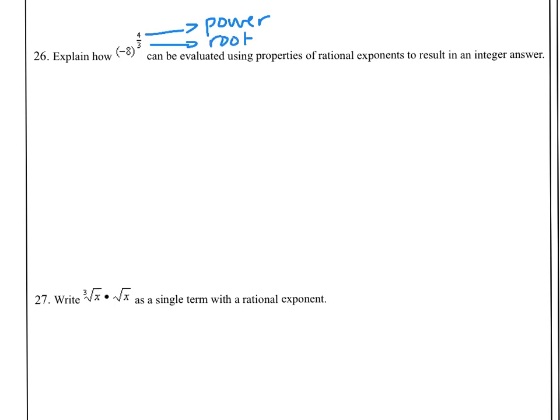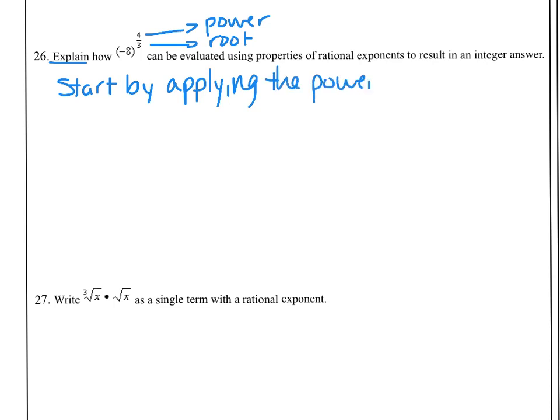Now be careful, because it does say to explain, and explain means in words. So you can do this several ways, but what I would probably suggest is you could say something like: start by applying the power over root rule and get, and here we go, that's an "and" by the way, get, here we are.